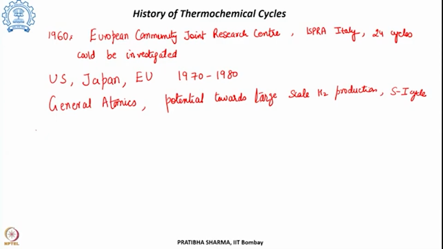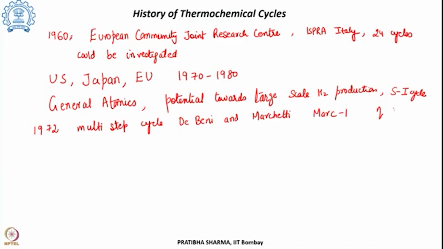It was in 1972 that the first multi-step cycle was identified by Benny and Marchetti. These were called Mark cycles, and they had theoretical efficiencies of about 50%.